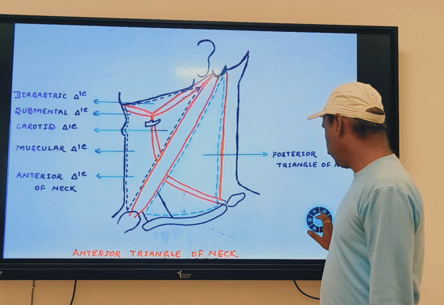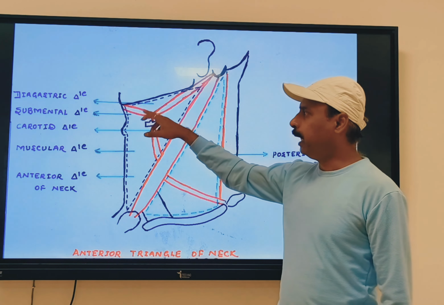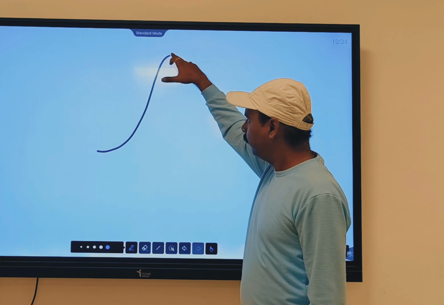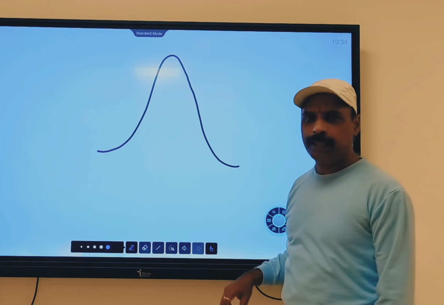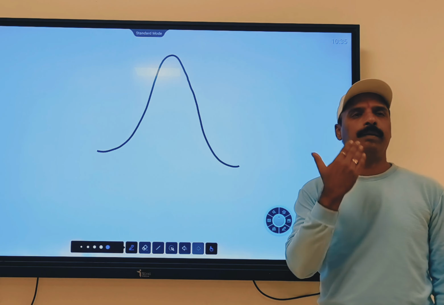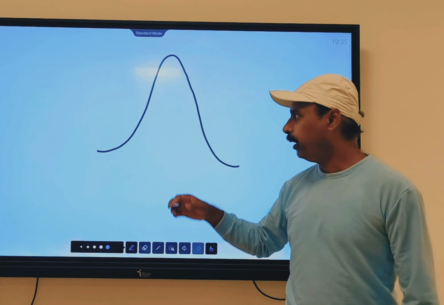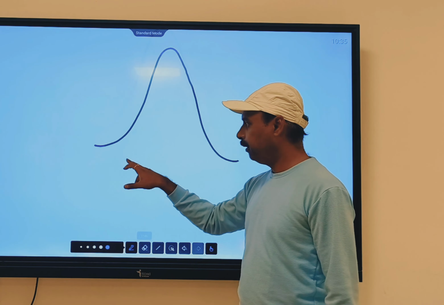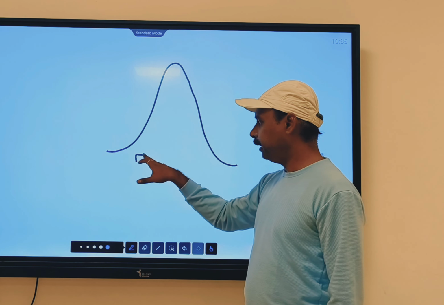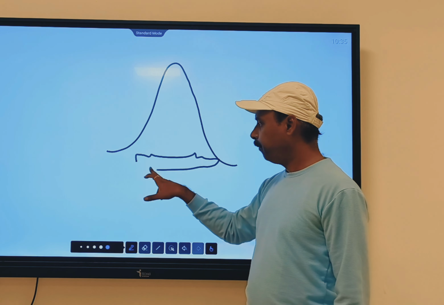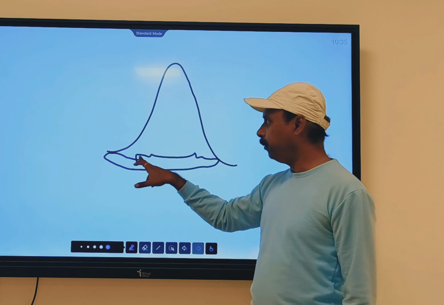After this we are going to deal with one triangle, the submental triangle. When we see the extended neck region in front view, this is the hyoid bone.